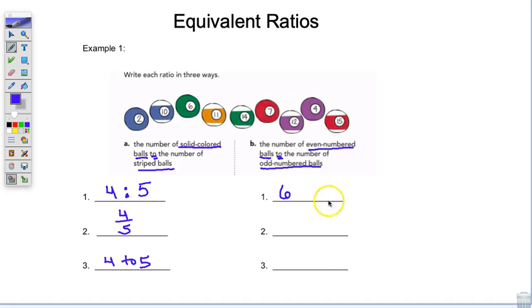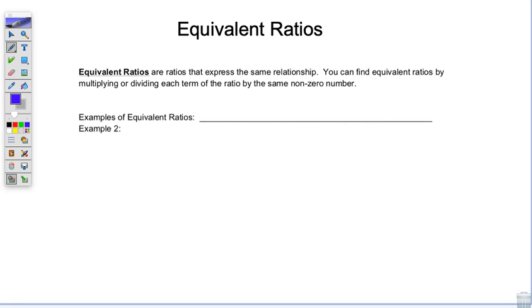So there are 6 even numbered balls to the number of odd balls, which is 3. I'm going to write it in fraction format also, 6 over 3, and finally using the word to in between 6 and 3.